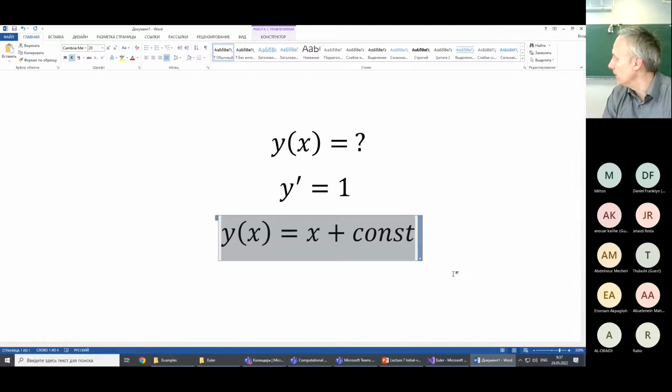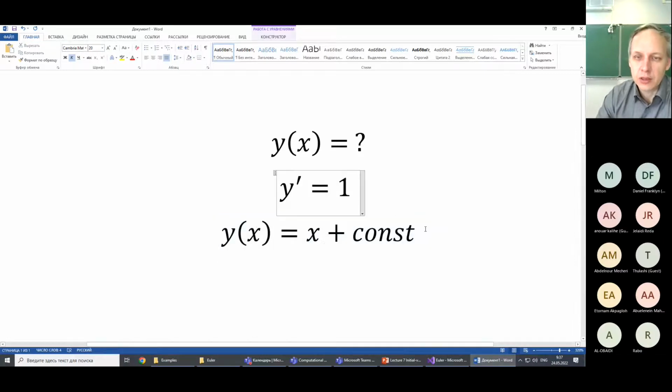Not only one, but infinitely many. X plus constant, any constant. But also in the theory of differential equations, we consider such problems that are called initial value problems.